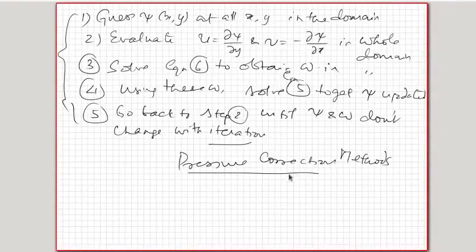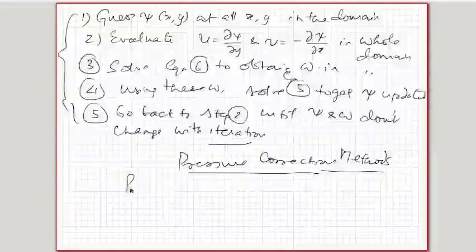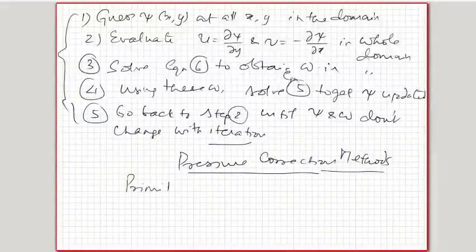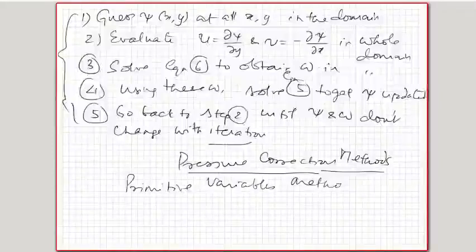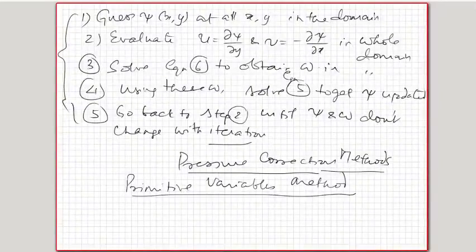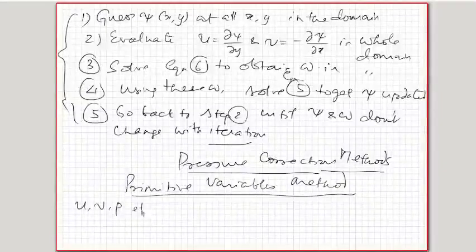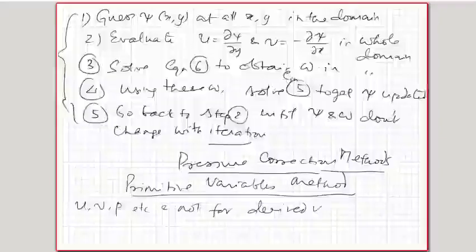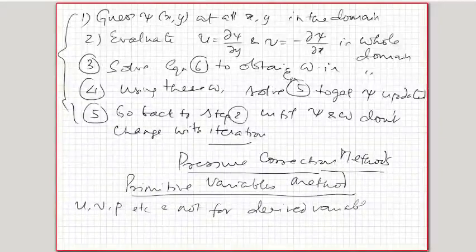The pressure correction methods are also called the primitive variables method. Since in the pressure correction methods, you directly solve for U, V, P, etc., and not for derived variables like psi and omega.